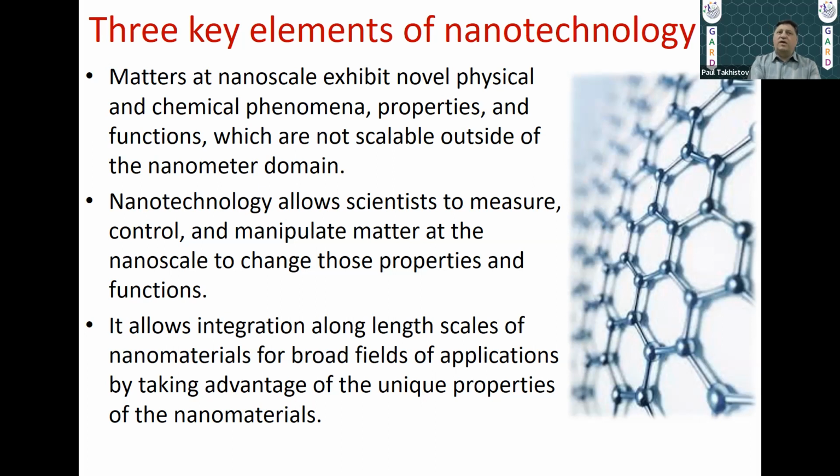Therefore, we can manipulate materials and chemical phenomena, properties and functions, which are scalable to the nanometer domain, which was impossible 20, 30 years ago. We can measure, control, and manipulate matter at such scale.